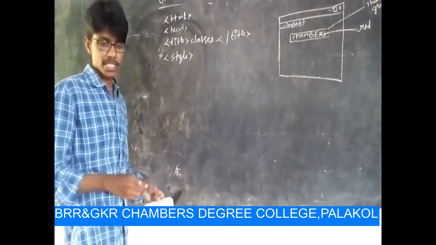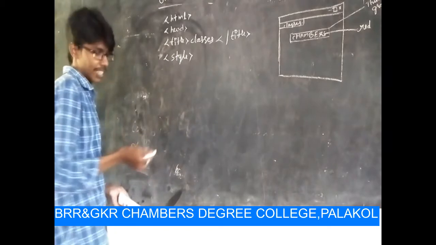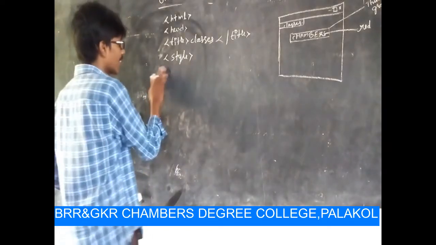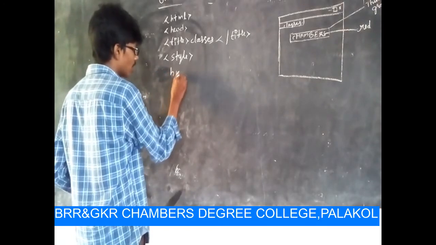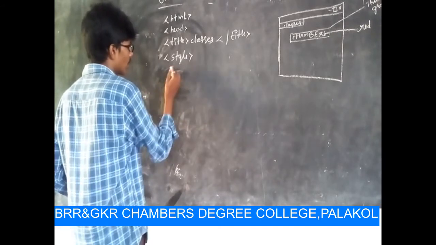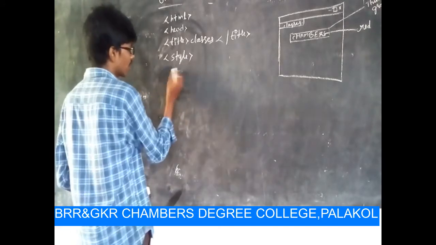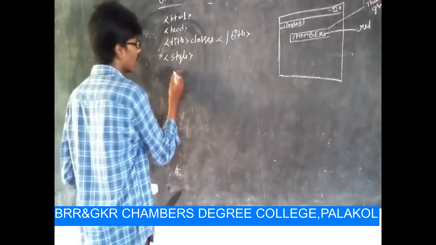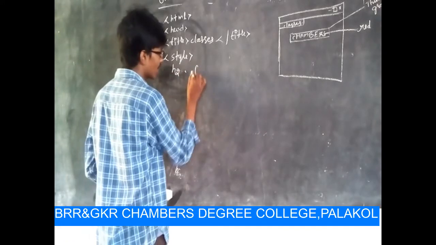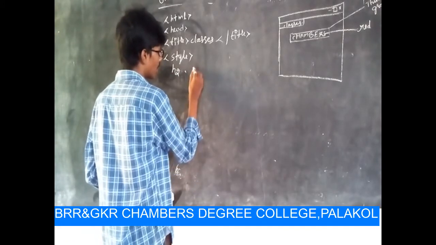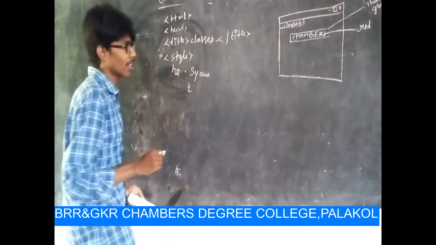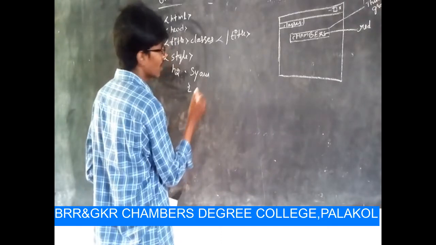There you represent the class name, that is the class syntax. The selector is h2 dot class name, that is something, Sam. After that, open the curly brace representing the properties, that is color.